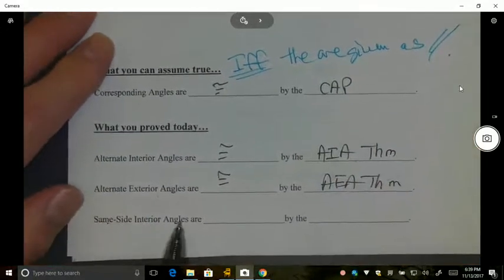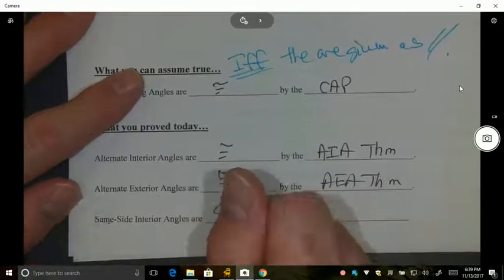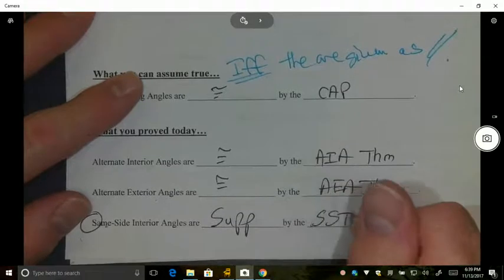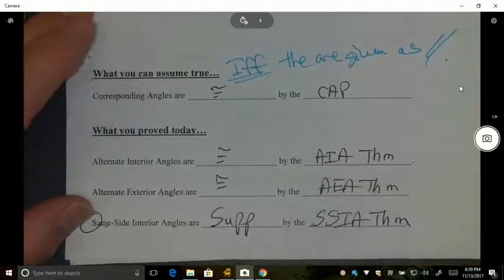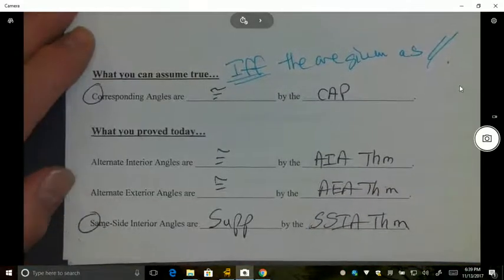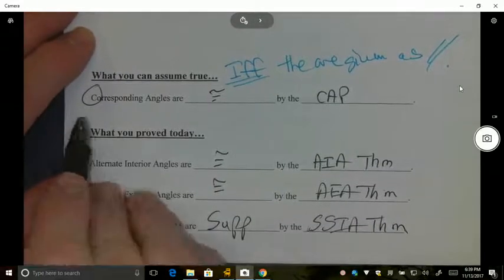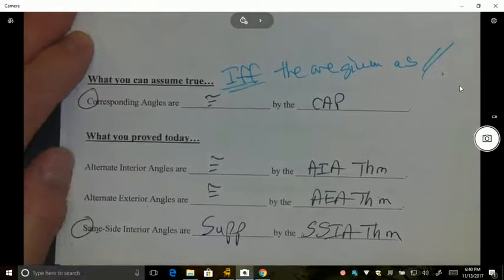And same side interior angles are supplementary. Notice they start with S, just like straight angle, by the same side interior angle theorem. The only one that's a postulate now in our repertoire other than segment addition and angle addition is corresponding angles postulate, and that's with the parallel lines.